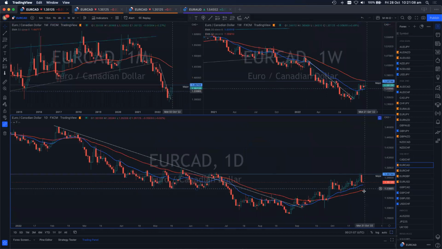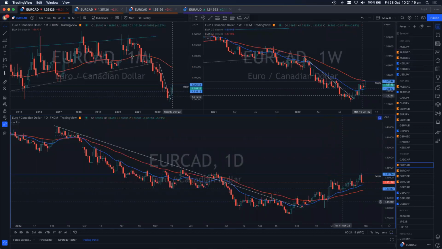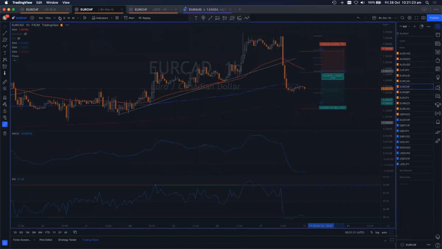Could we go lower? Let's go back to the daily. We trade it down to the 50. Are we overbought? Yeah, pretty overbought. Look at the RSI now. Pretty overbought, not quite into the red zone, but definitely looking a bit overbought. So there, keep an eye on Euro CAD.